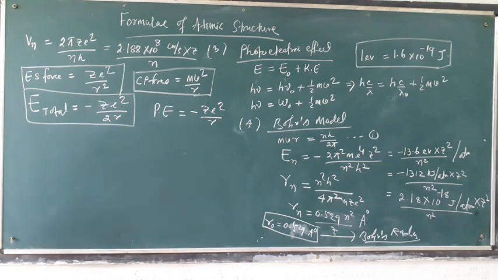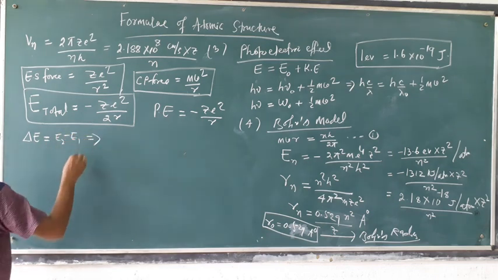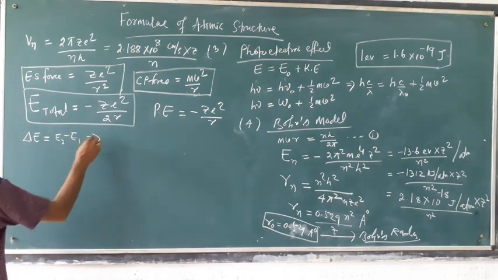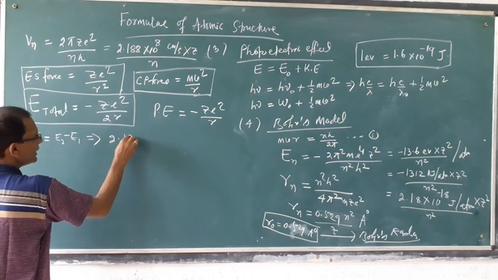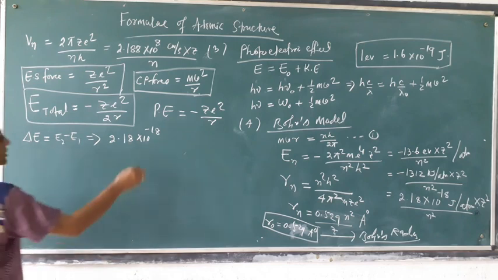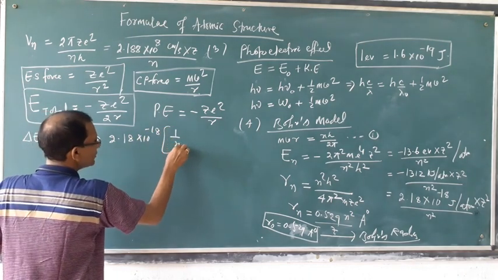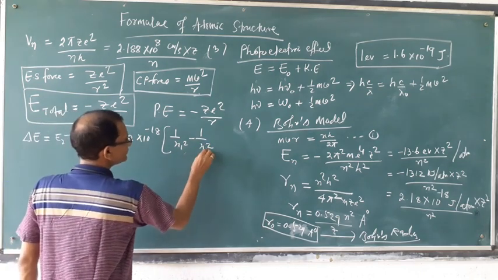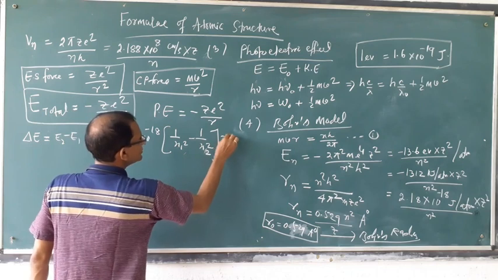We know that the total energy change is always E2 minus E1. The direct formula is 2.18 into 10 to the power minus 18 into 1 by n1 square minus 1 by n2 square, upon Z square.